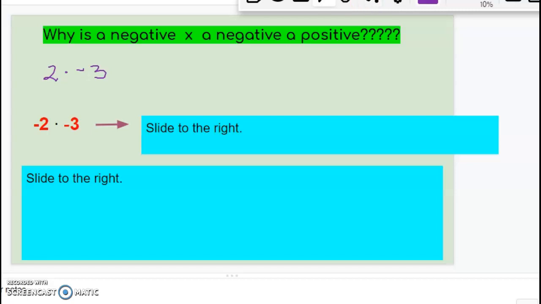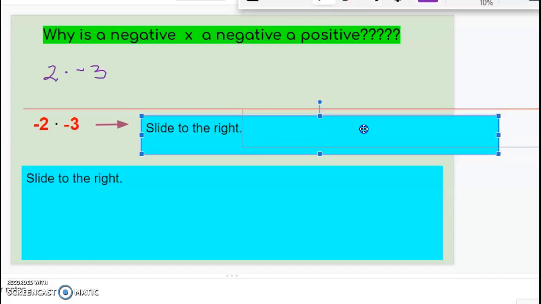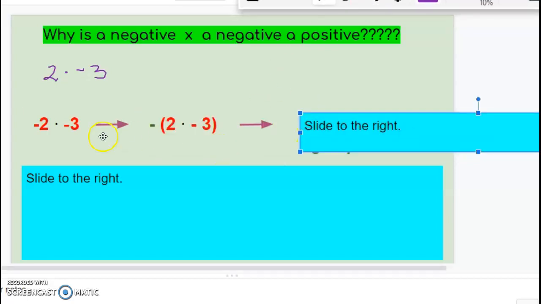So what we're going to do is take the first negative sign and just move it over a little bit, okay? So let's just take the 2 and the negative 3 and put parentheses around it, so it's like a group. And then we'll put this negative on the outside. So notice I didn't change anything. I just grouped them differently.